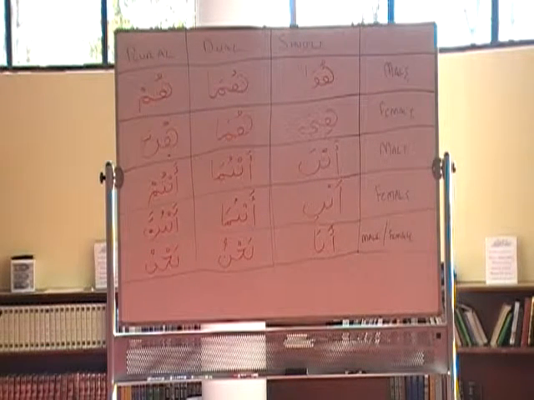Fawqa jama'ati is the predicate or the khabar. Yad means hand. Fawqa means upon or over. Al-jama'ati means the group or the gathering or the jama'ah as we know. So Yadullahi, the hand of Allah, is fawqa al-jama'ati, upon or over the jama'ah.